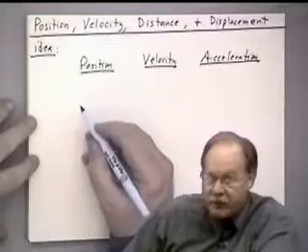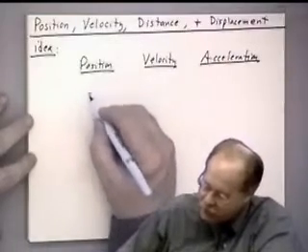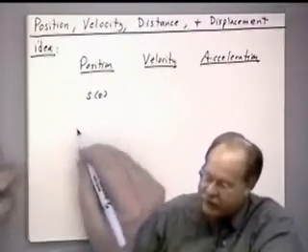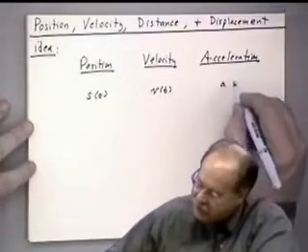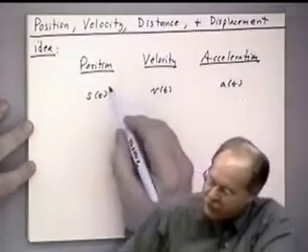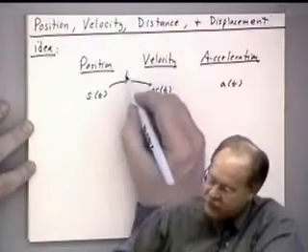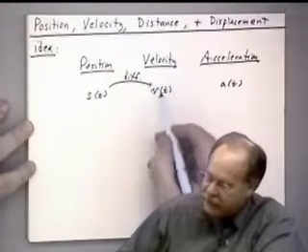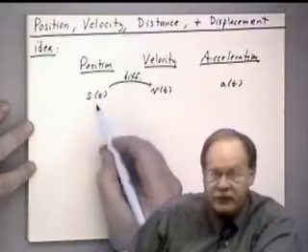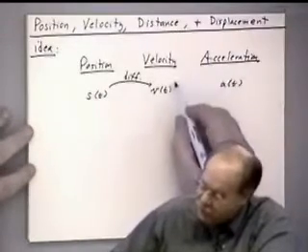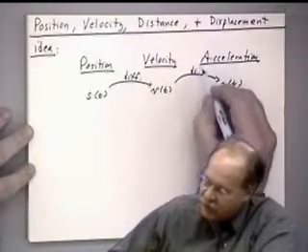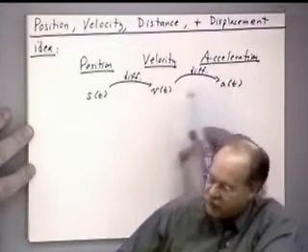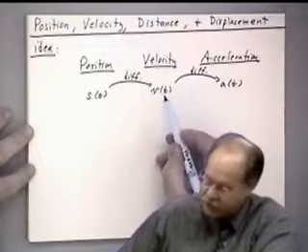Now, from what we saw before when we were looking at derivatives, the position function we called s of t, the velocity function, of course, we called v of t, the acceleration a of t, and we learned that you could go from s to v by differentiating. That is to say, the velocity function is the derivative of the position function. And you can do the same thing by going from velocity to acceleration by differentiating. So the acceleration is the derivative of the velocity function.